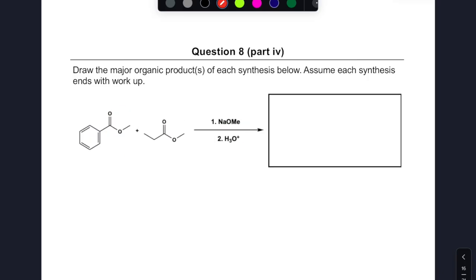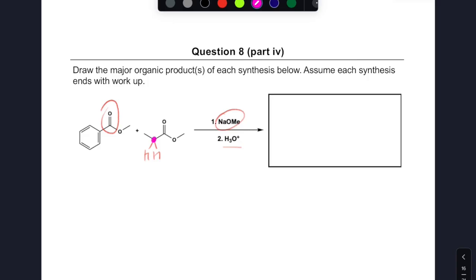Now in the next conditions, we are taking sodium methoxide and then acid workup. Acid workup here is just a process to make sure we neutralize every part of it. And when we do this, we only have alpha protons here. This is an obligate acceptor, and this is for our Claisen-type reagents. So we're going to make a nucleophile here, that's our donor.